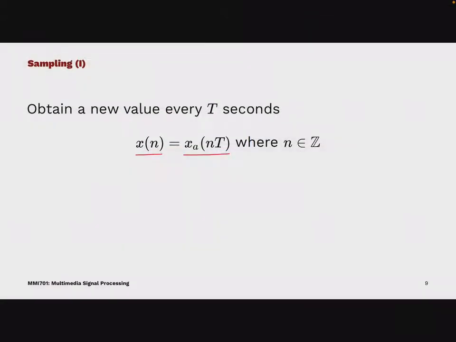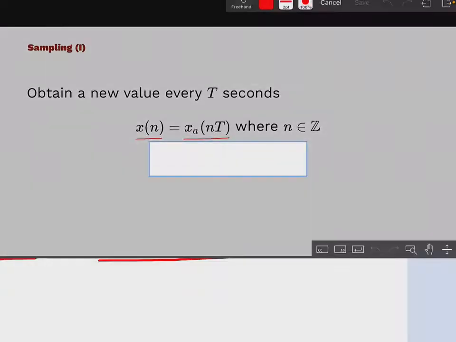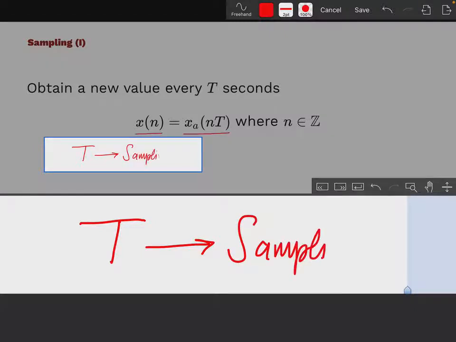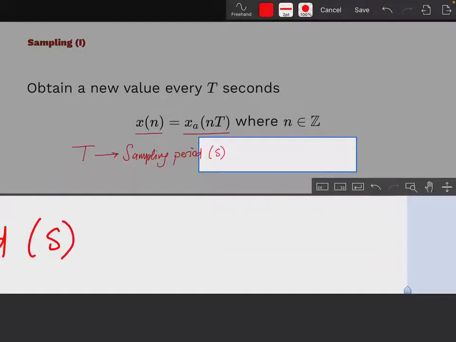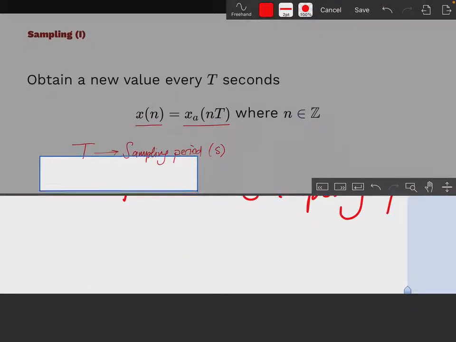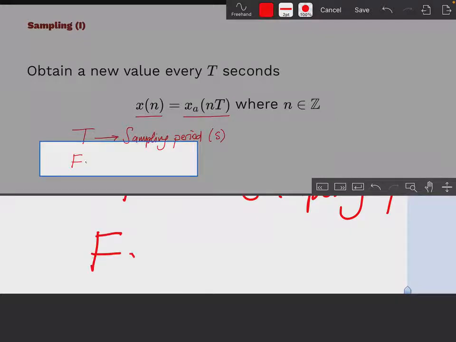So what are these different things then? First of all, let's define T as our sampling period, in seconds. And we also have to define something which is more commonly used than sampling period, that is the sampling frequency or sampling rate.